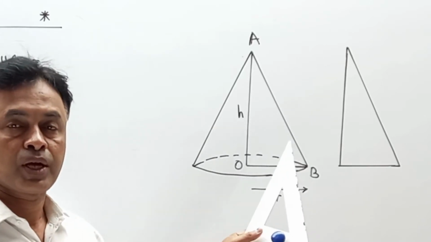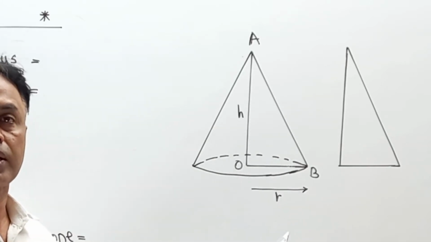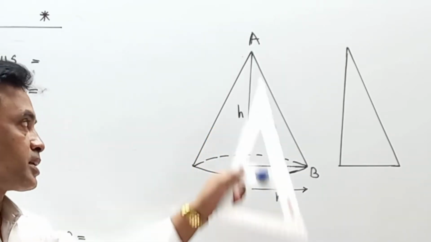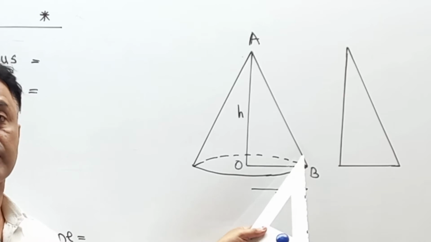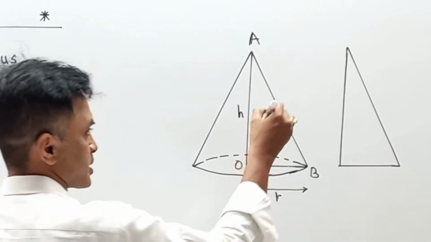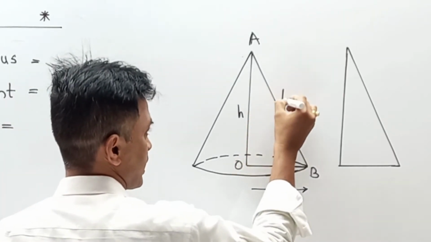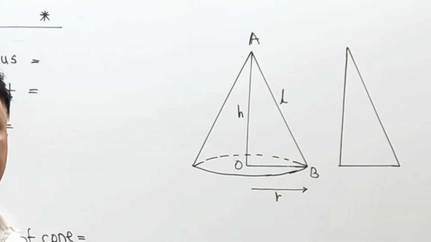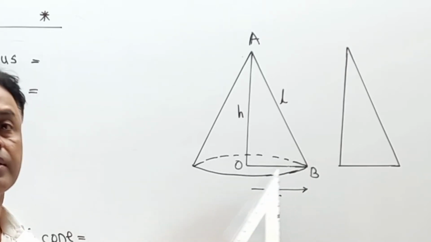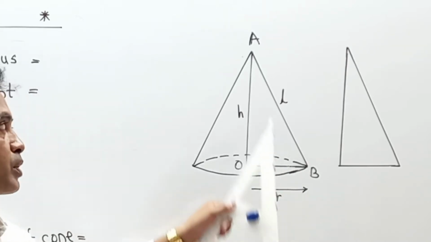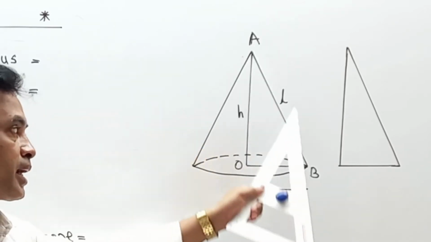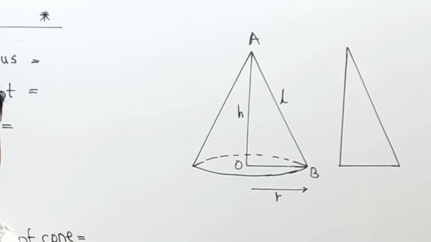Now there is also one more concept, from A to B. This is a slant direction, but it is also one kind of height. That's why it is called slant height and indicated by L. So there are three terms required for calculation in a cone. One is OB, the base radius of the cone; AO, the height or vertical height; and L, the slant height.